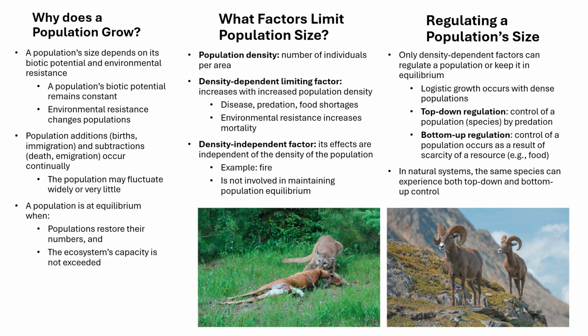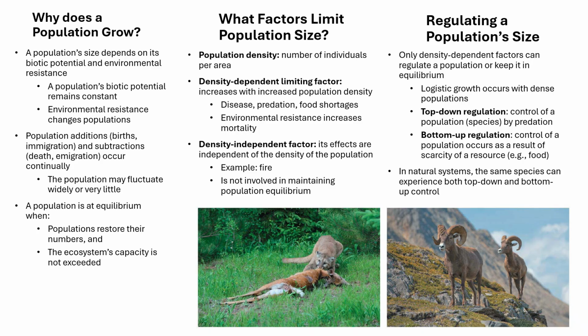Some populations fluctuate widely, and others fluctuate very little. A population is said to be at equilibrium when it can restore its number after a small disturbance, and the ecosystem's capacity, that means the ability to provide everything that the organisms in that population need, is not exceeded.